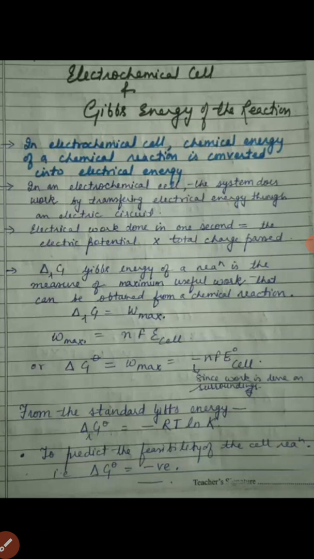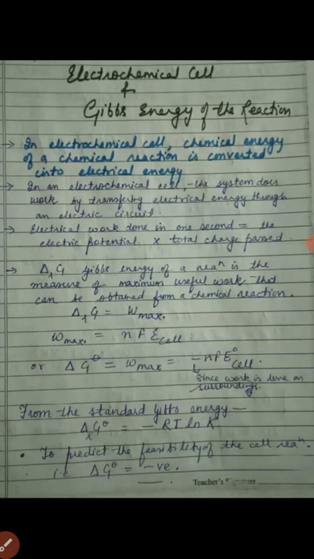Now, to find out the standard Gibbs energy, we can relate it with the equilibrium constant. By knowing the value of standard Gibbs energy and the EMF of the cell, we can find out the value of the equilibrium constant.